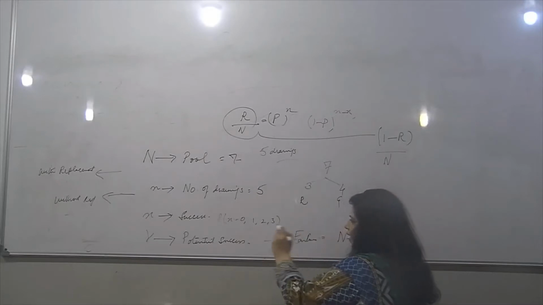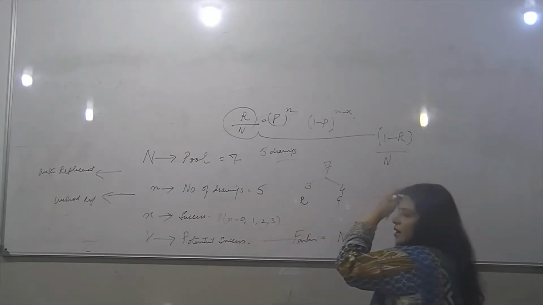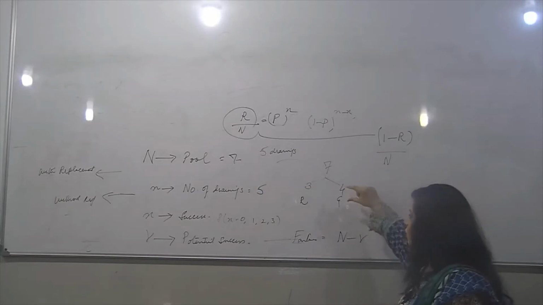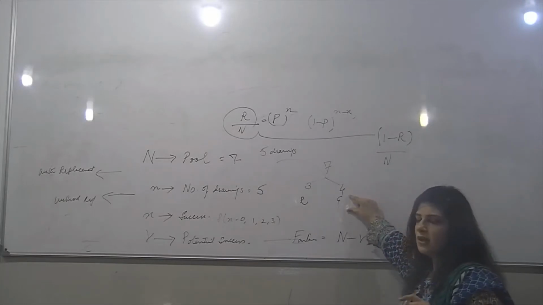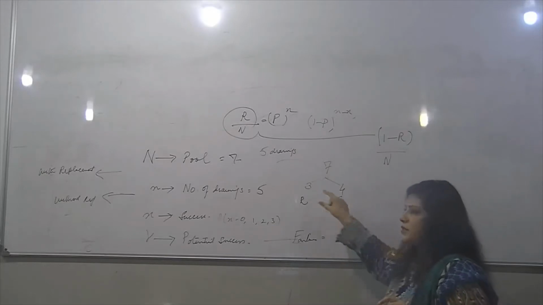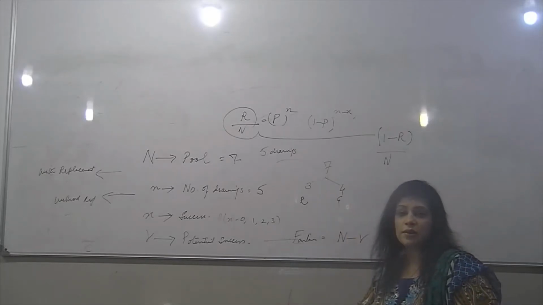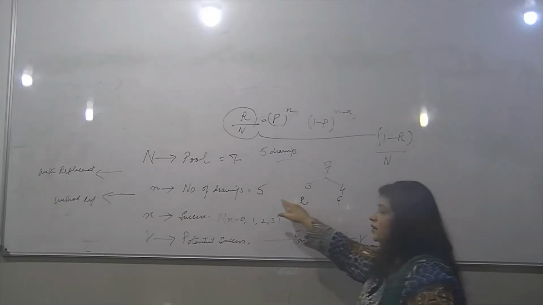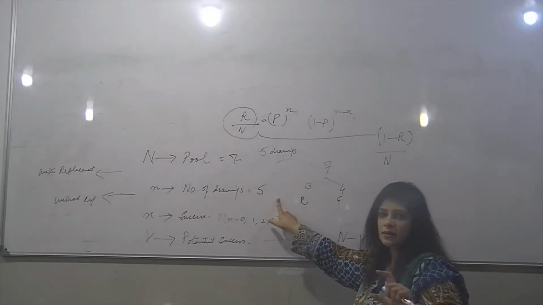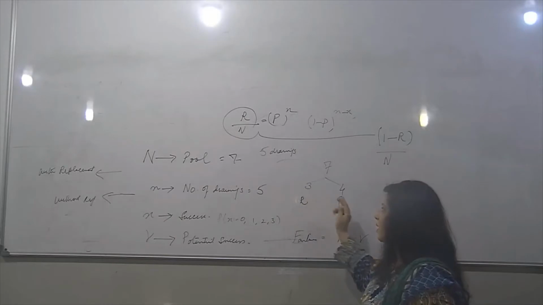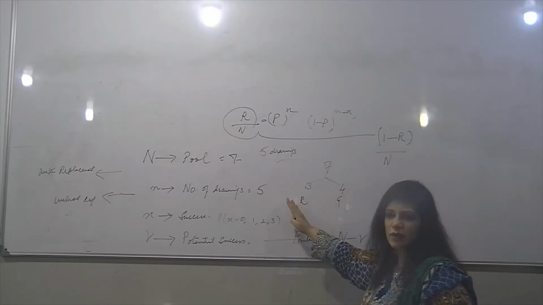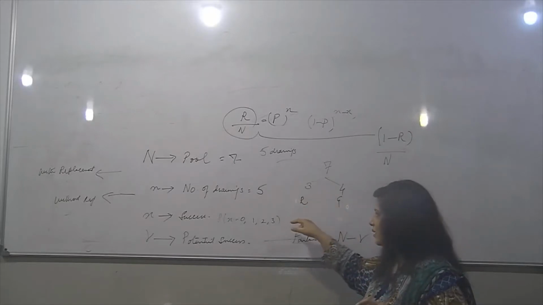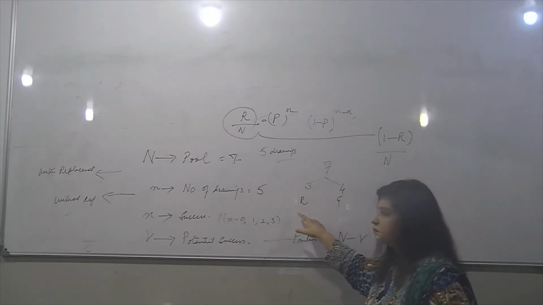Can x be equal to 0 if I have 5 drawings, and out of those 5 drawings I have green with 4 and red as 3? The answer is no, we cannot have that. Why? Because the number of drawings is 5 and it is exceeding the number of balls that the other color can actually have.